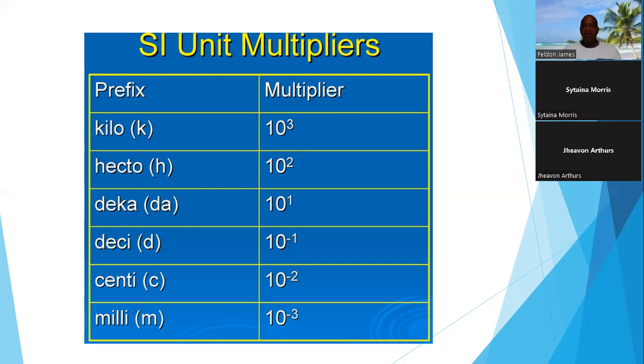So they can make comparisons between what I am doing and what they are doing based on using the same SI system. So the SI system is a standard measuring system that is used in science.